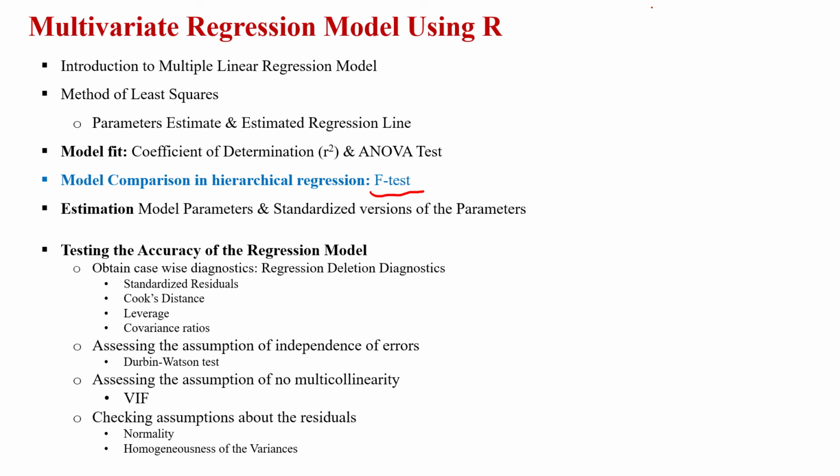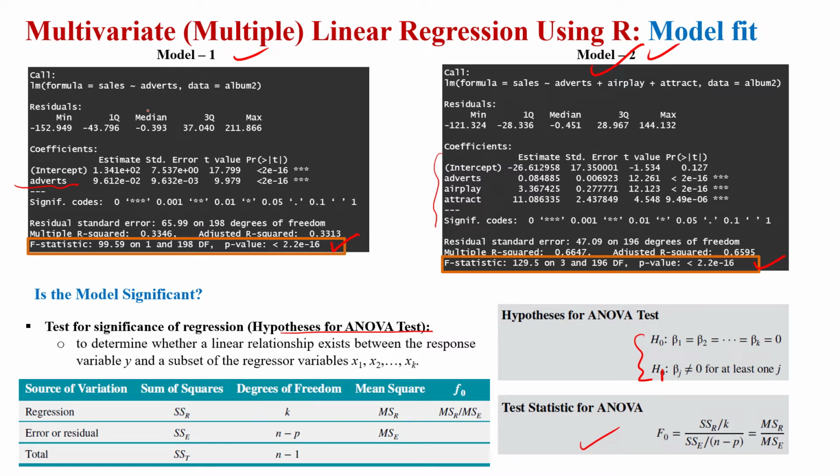This is known as model comparison in hierarchical regression. Why do we say hierarchical regression? Because first we develop a linear regression model with only one independent variable, and then we develop one with the help of three independent variables. You can incorporate more variables, like a model 3 with two variables or a model with four variables if we have them.